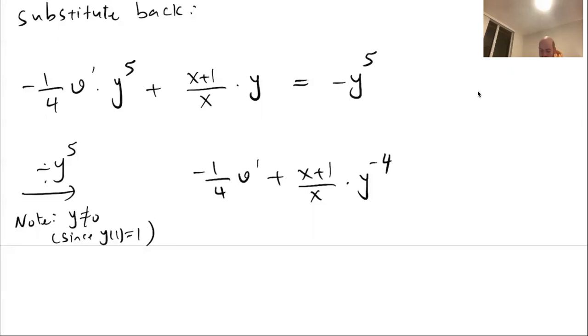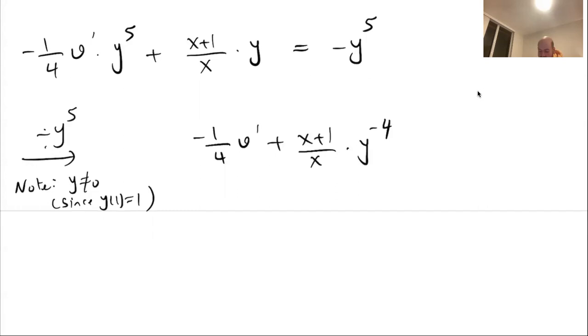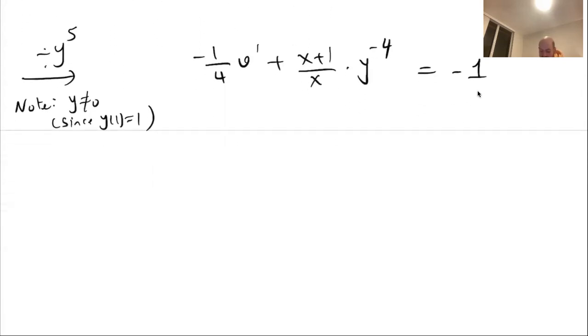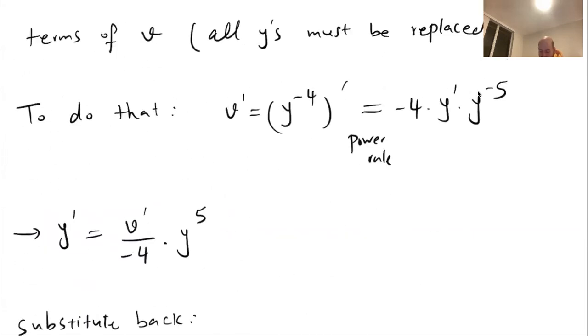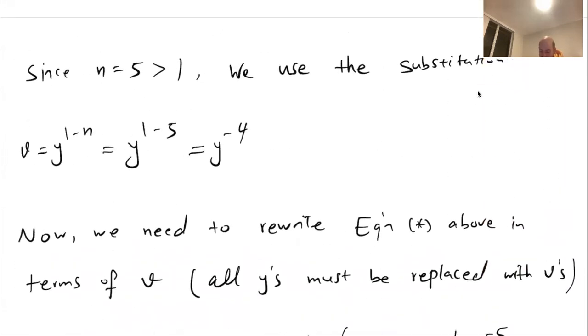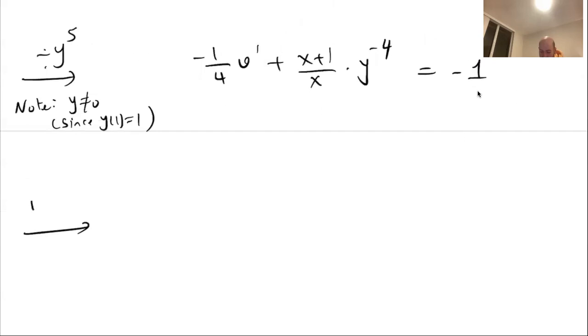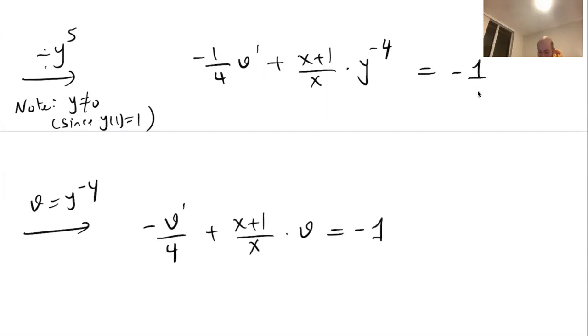Right? y divided by y to power 5 will be y to power minus 4, and the right-hand side becomes minus 1. Now, remember, v was y to power minus 4. So then I'll have minus v prime over 4 plus x plus 1 over x times v equals minus 1.